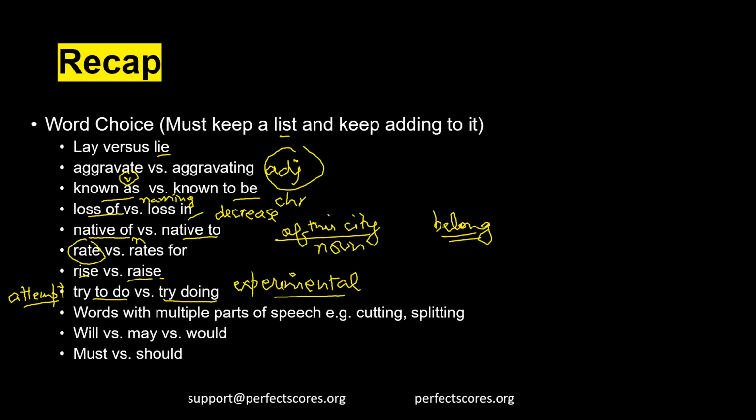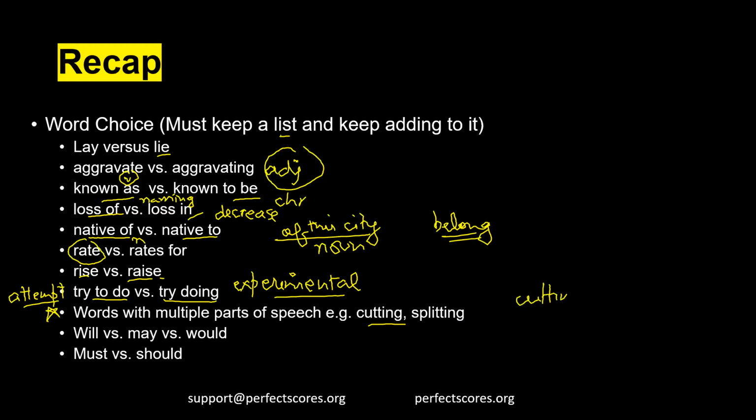And then this is something very important. You will see it across many questions. You have a word that is being used in different forms across the options. For example, the word cutting. In a few options, it will be used as a noun, but in a few options, it will be used as a verb. How do they use this is they usually put off after these words.